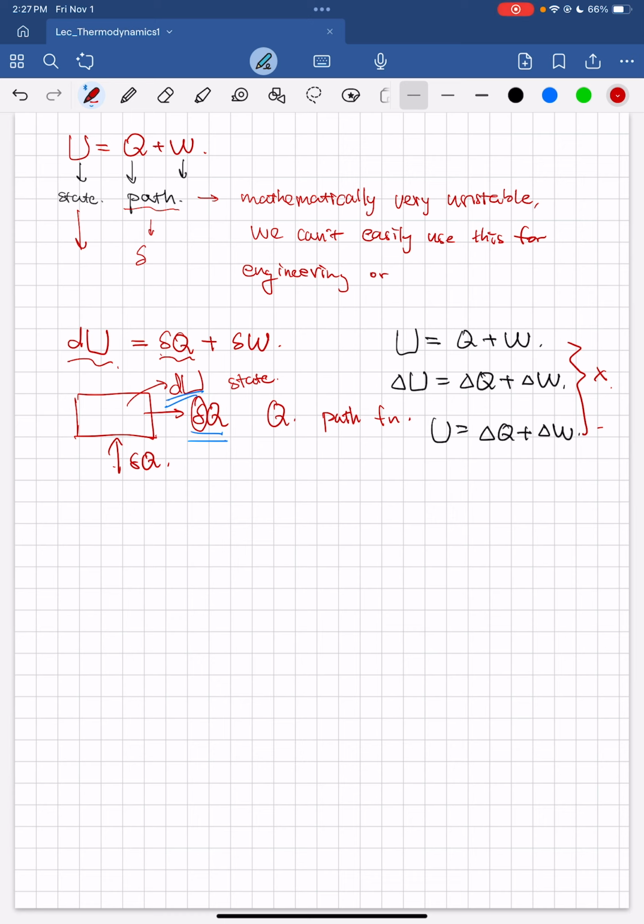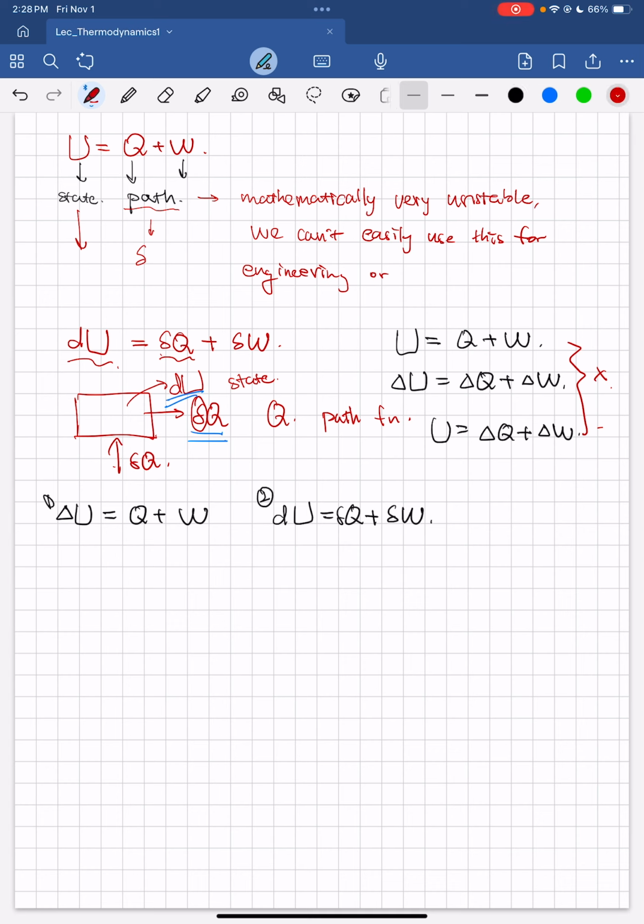These are all wrong ways to write it. The only correct way to write it is this or this. Only these two ways.